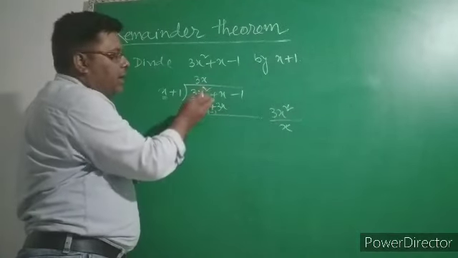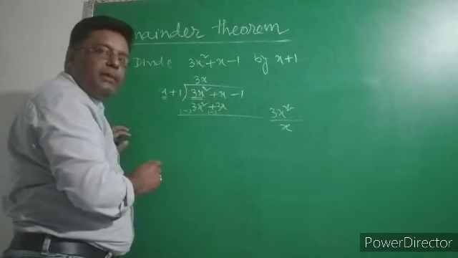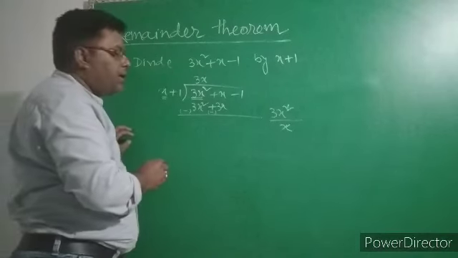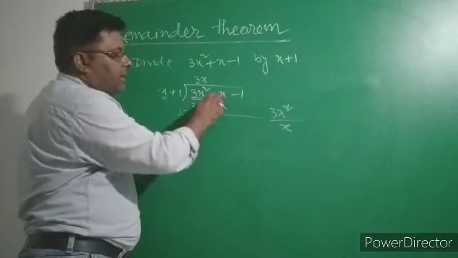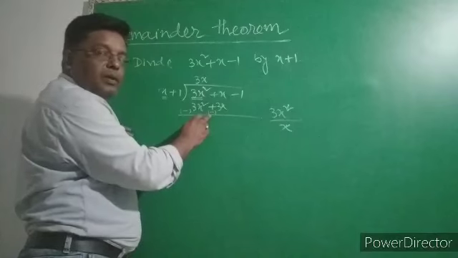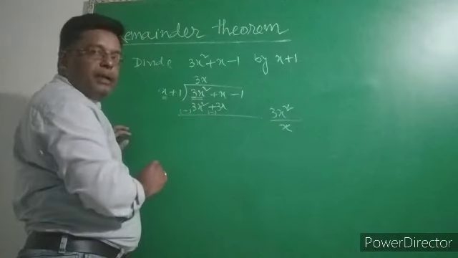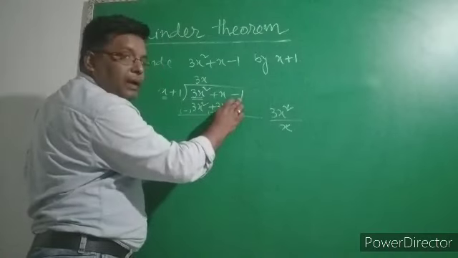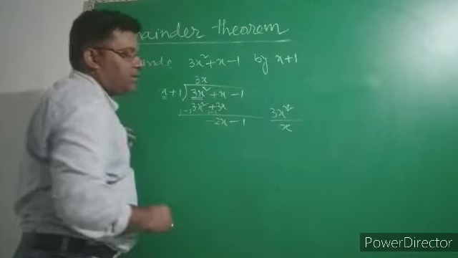If one is plus and another is minus, we subtract the smaller number from the bigger. That is 3x minus x, we get twice x, and the sign will be minus, because minus is in the bigger number. So we get minus 2x here, and this minus 1 stays minus 1.